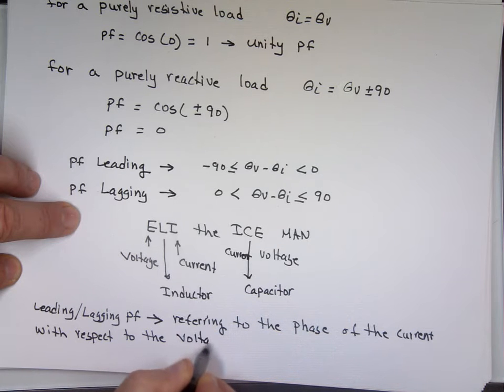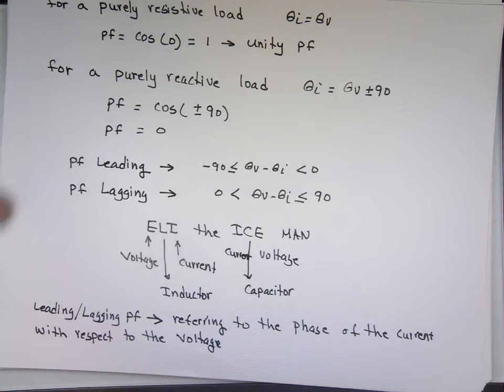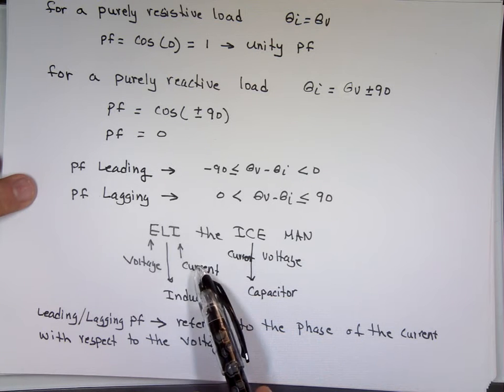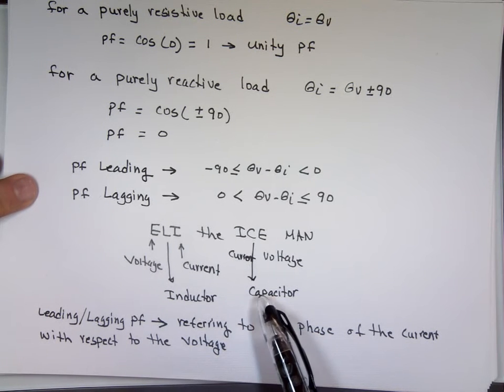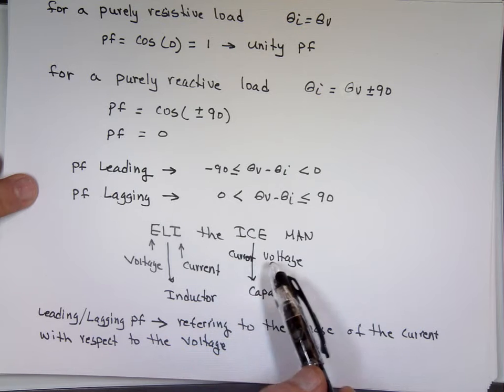It's always the current with respect to the voltage. Notice in the inductor, the current lags the voltage. In the capacitor, the current leads the voltage.